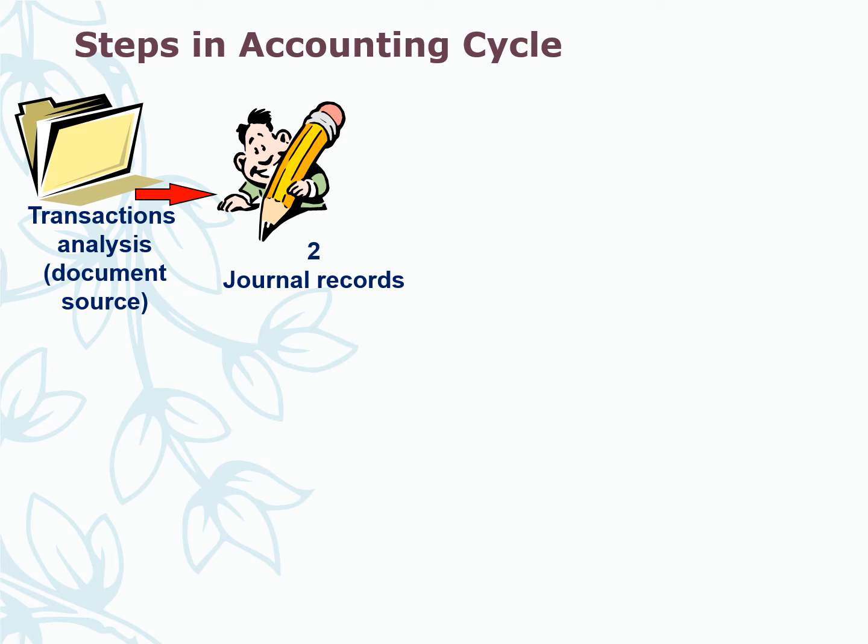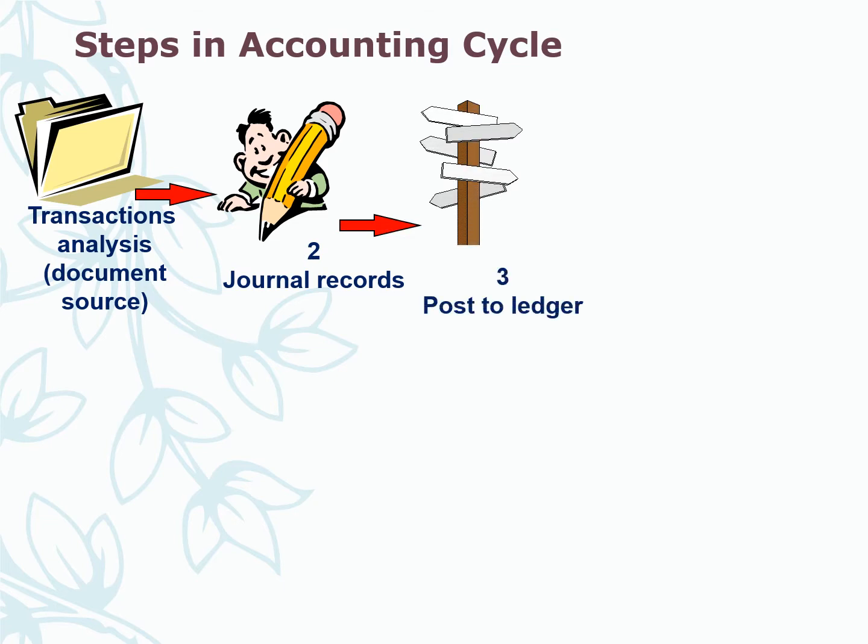That is, we journalize the business transaction or enter the transaction information in a journal. The third step is post to ledger. Post or transfer the journal information to the appropriate accounts in the ledger.